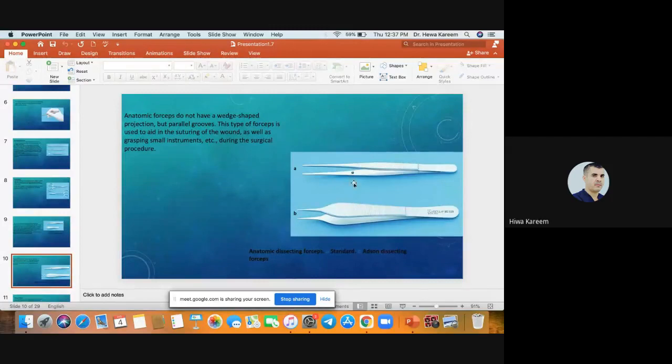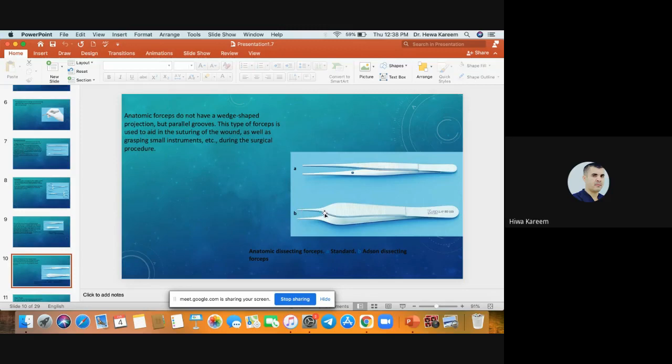This is the same as the previous, but the difference is that it doesn't have a peak at the end. This is anatomical forceps, or non-toothed forceps. Also, we have short and long, but without a peak.